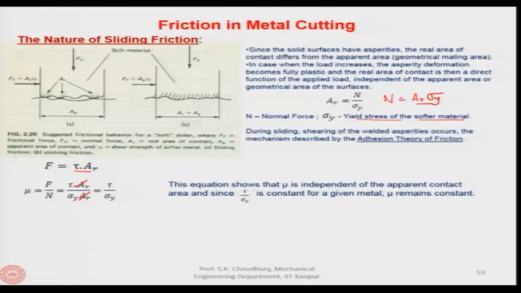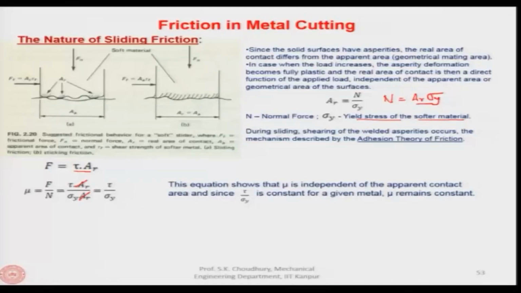Now, this equation shows that mu is independent of the apparent area of contact. This is very important. When two bodies slide on each other, the coefficient of friction does not depend on the real or the apparent area of contact. In fact, you can see that there is no area of contact mentioned here.